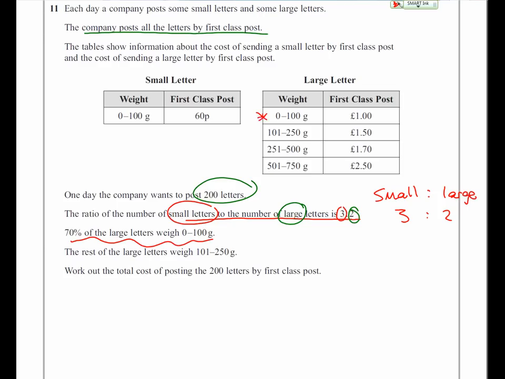Okay, which is here on the table. The rest of the large letters, which is going to be 30% of large, is 101 to 250, which is here. Work out the total cost of posting the 200 letters. What a very functional question again.